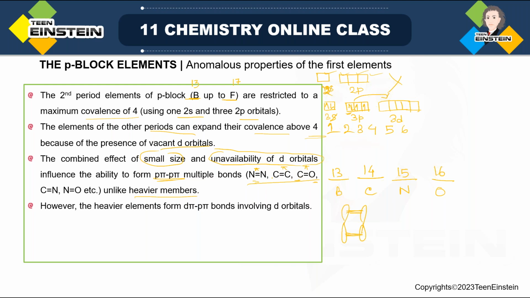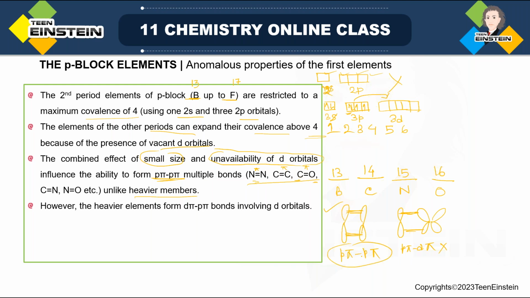And as there is no d orbital, it is bound to form only a p-pi bond. If you are thinking one p and another d, that is not possible for the second period. This type of p-pi d-pi is not possible, but p-pi is possible. So because of unavailability of d, we can have only p-pi, and this p-pi is also very effective because of their small size.